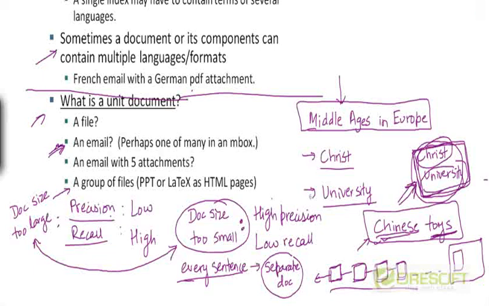So the question is not whether it's too big in terms of MBs or GBs. The question is more about the kind of language, the kind of queries, and the kind of users that will be using your system. So think about an entire novel. Think of your favorite novel, right?